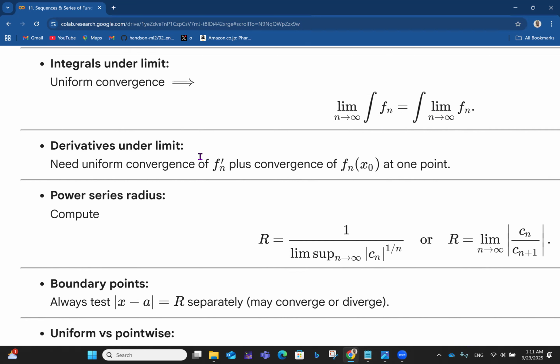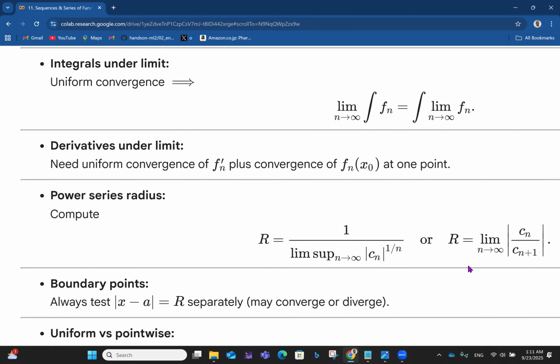This needs uniform convergence of fn prime plus convergence of fn of x naught at one point, right? Then you have power series radius. In this case, it computes R, the radius, which is 1 over the limit superior as n approaches infinity of the absolute value of cn raised to the power 1 over n, for when the limit actually exists.